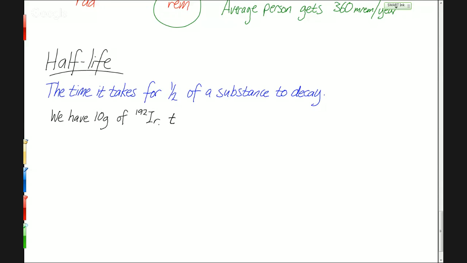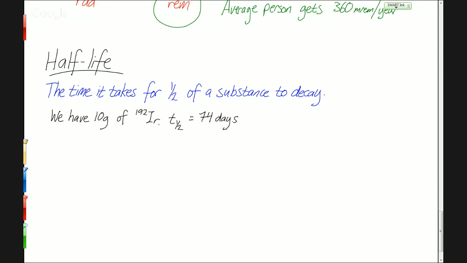The half-life, which is written as a T with a little 1/2, is 74 days. So that means that every 74 days, half of that sample has decayed into something else. It hasn't just disappeared, but it's decayed into something else.